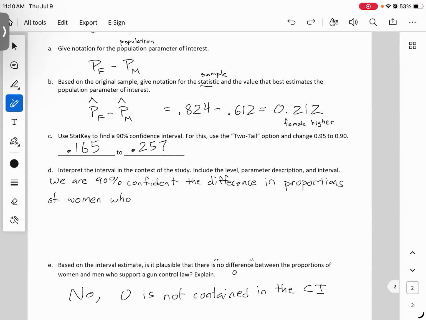That the difference in proportions of women who support a gun control law and men who support. I just went big here. I just went ahead, I've got the time. I'm just going to reuse their words and get it all in there.